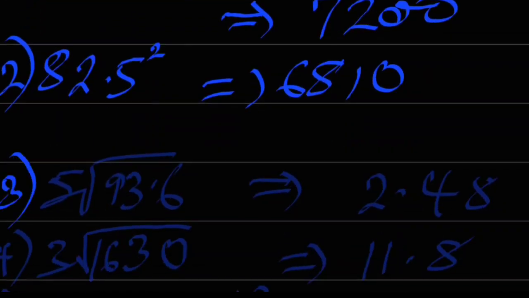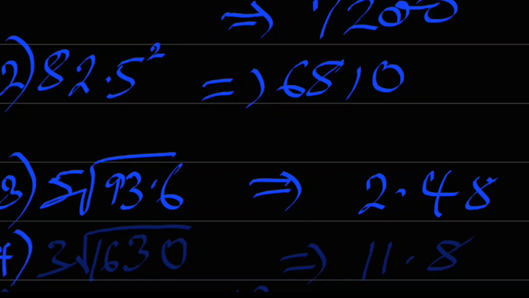Question number 3: evaluate 5 root 93.6. If your work is correct, the final answer will be 2.48. Question number 4: evaluate 3 root 1630. If your work is correct, your answer will be 11.8.